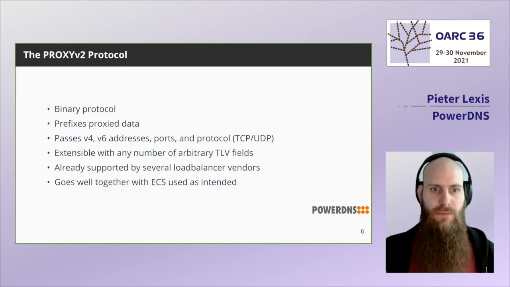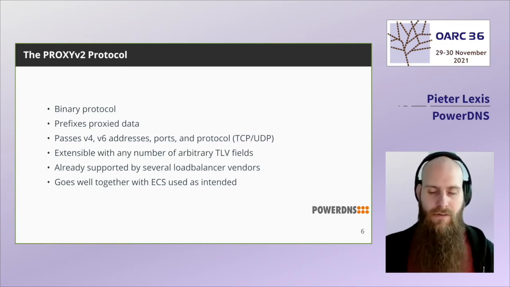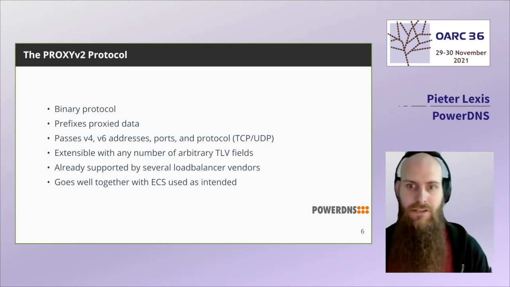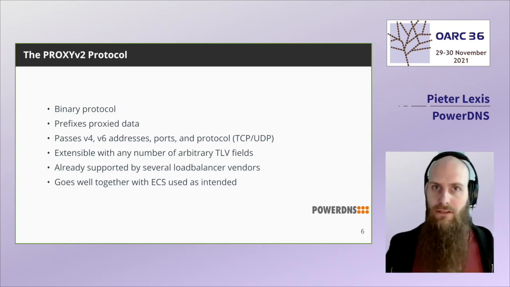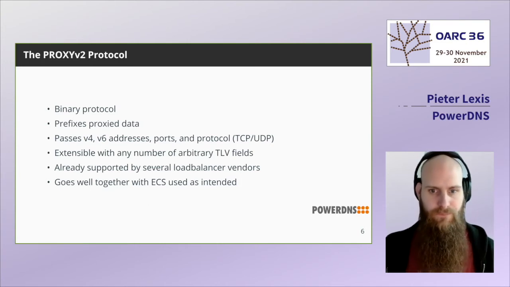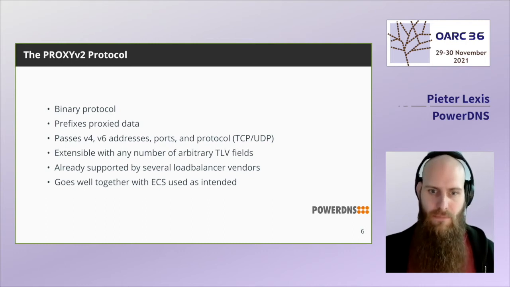It is extensible using tag length value fields, for instance to pass the DoH path or to pass TLS information from the client. Many load balancers already support this protocol. And it goes very well together with eDNS client subnet in the original packet, because there is no modification of DNS packets by the intermediate proxy.